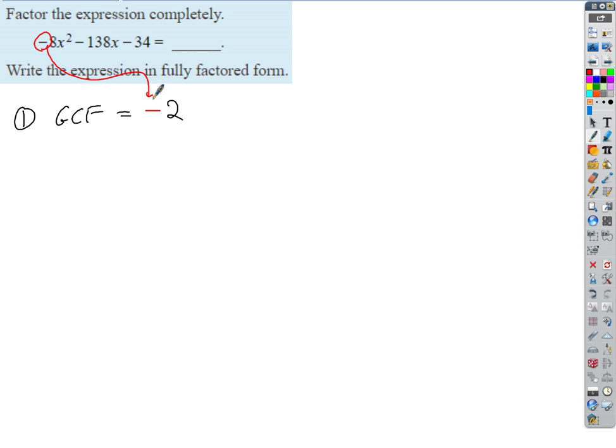So we can undistribute a negative 2. Now what's going to be left over? Negative 2 times what is negative 8x squared? 4x squared, right? Negative 2 times what is negative 138x? Half that, 69x. And then negative 2 times what is negative 34?